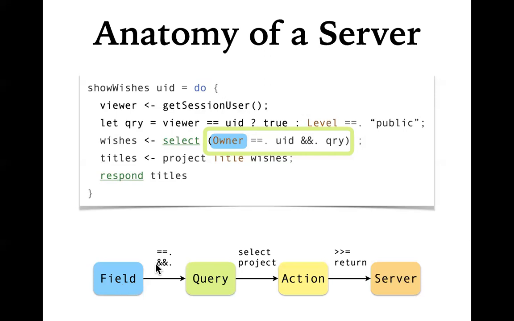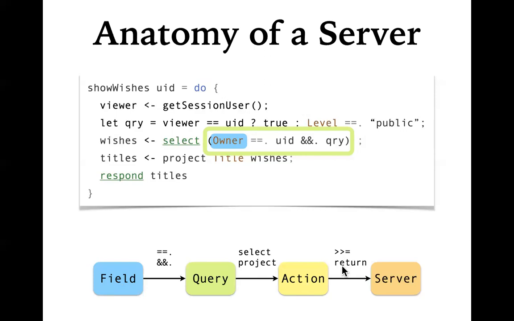I combine fields using operators like equals, and, or, not, whatever, to build up queries. I take these queries and I execute them using select and project to get actions. And then I take these actions and I compose them sequentially. That's what this semicolon is doing. I chain a bunch of actions and that gives me my server, okay? For those familiar with Haskell, the way the sequencing happens is with this bind operator, the sequence operator, which I'll describe in a little bit.